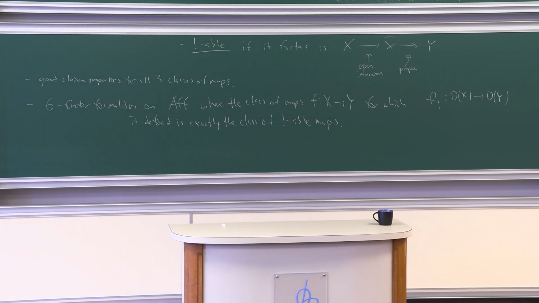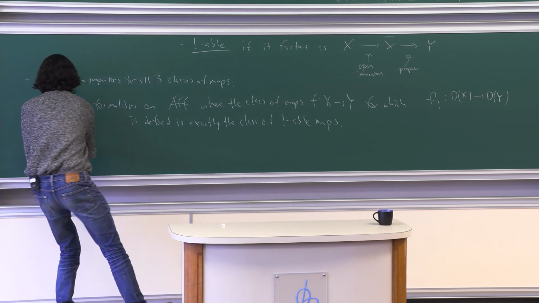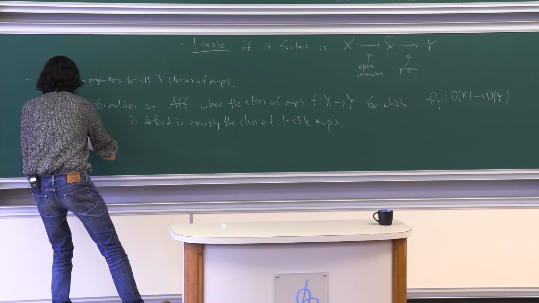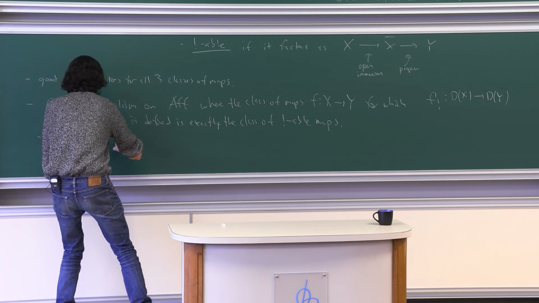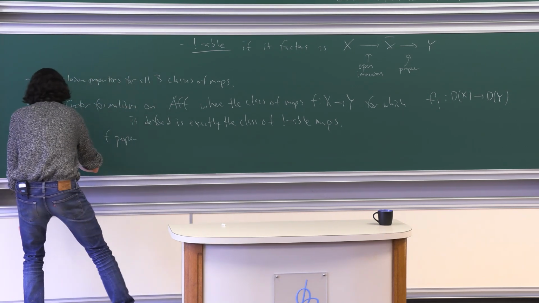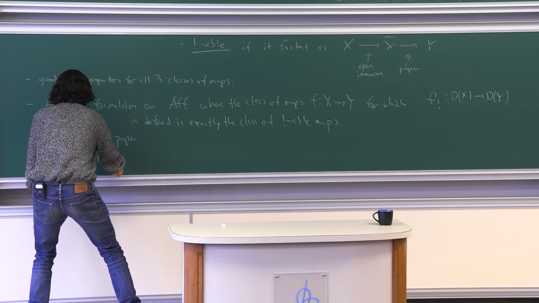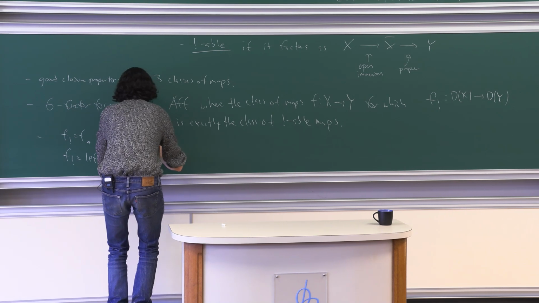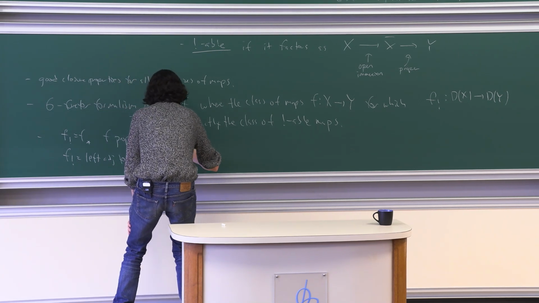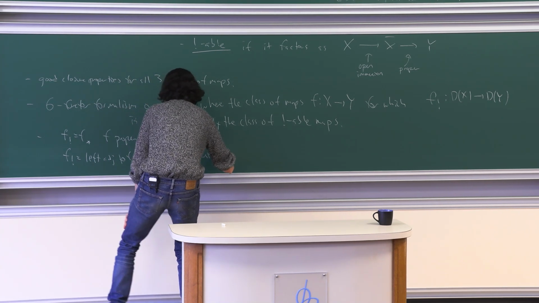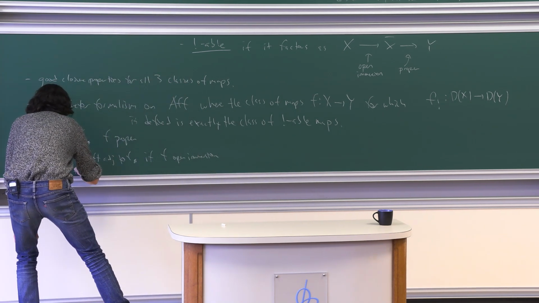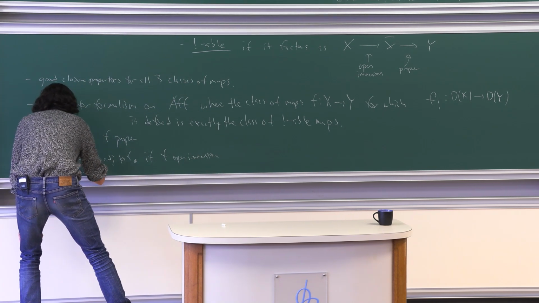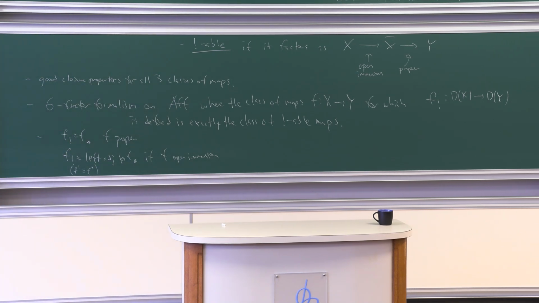And then f lower shriek is f lower star for f proper, and f lower shriek equals left adjoint to f lower star if f is an open immersion. Or another way of saying this is that f upper shriek equals f upper star. So that's just if you pass to right adjoints, I think, yeah, should be.